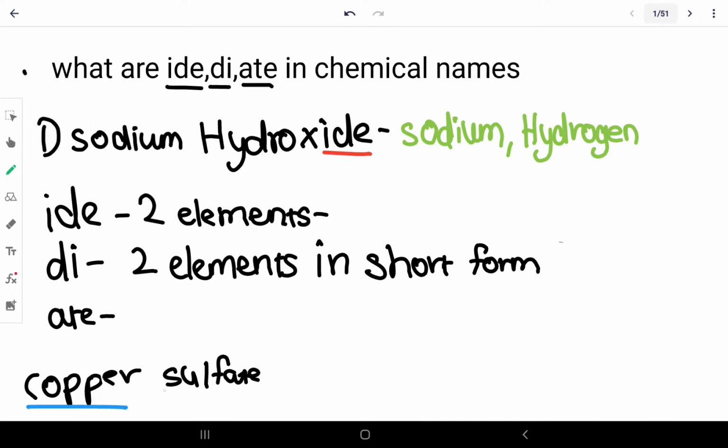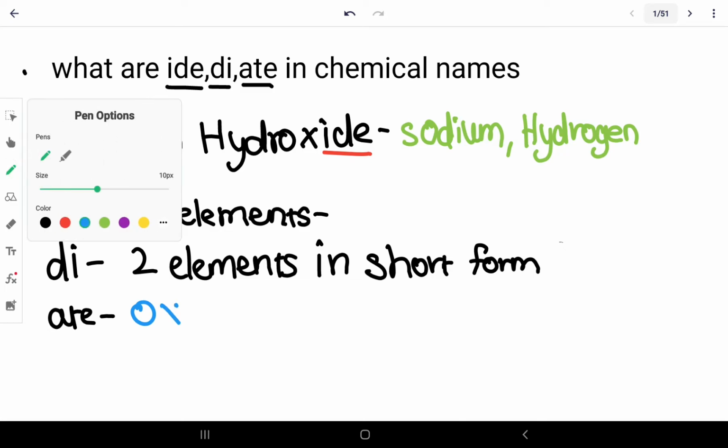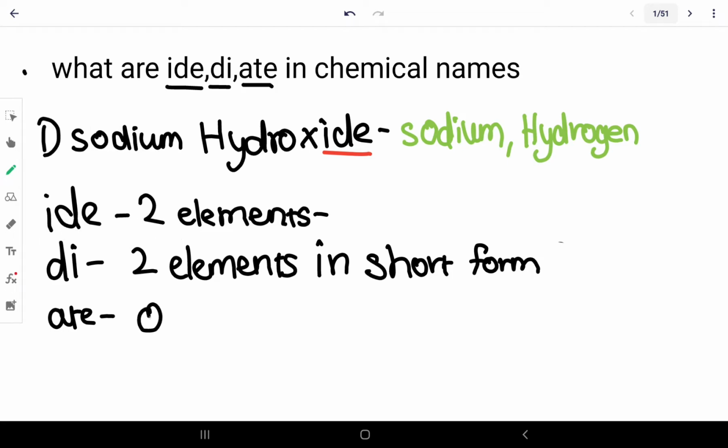First of all, we have copper, sulfur, and what is this ATE? ATE is known as the oxygen. Okay, so ATE means oxygen present in the compound. So it means that it's oxygen.